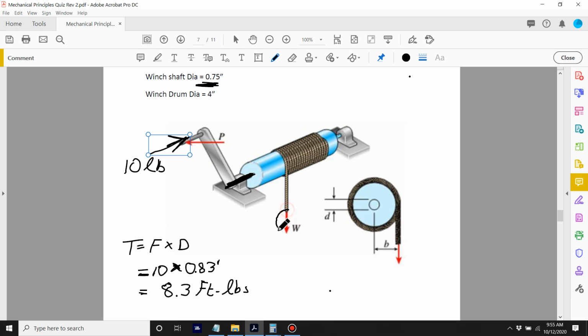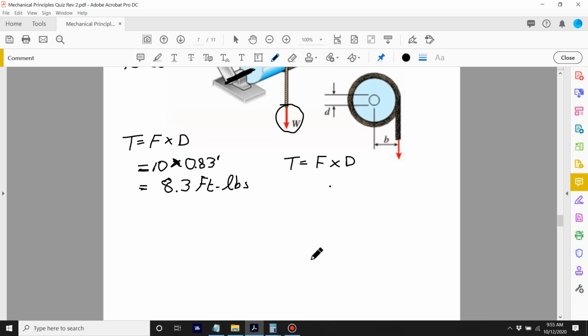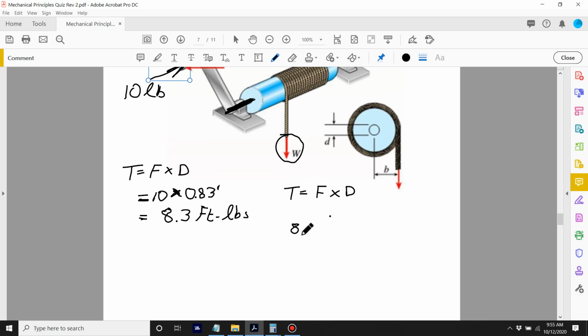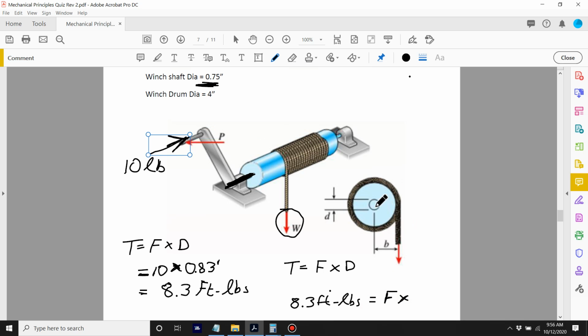If we want to calculate what W is, I can write torque is equal to force times distance. We have 8.3 foot-pounds is equal to F. We don't know what that F is, multiplied by the distance from the fulcrum out to that.